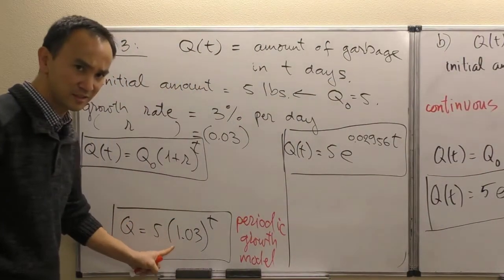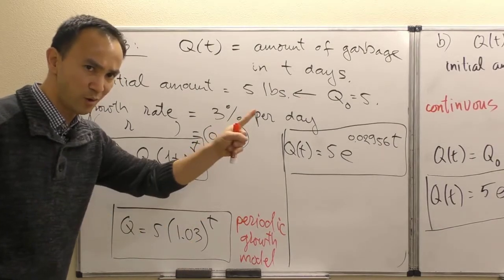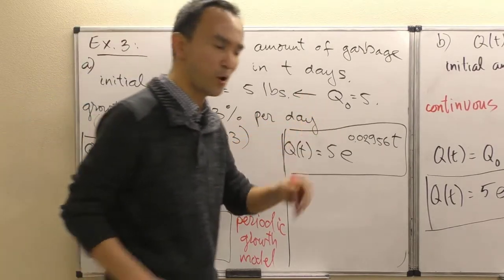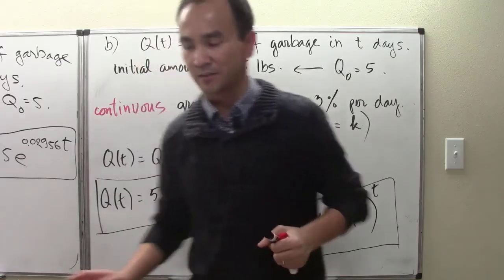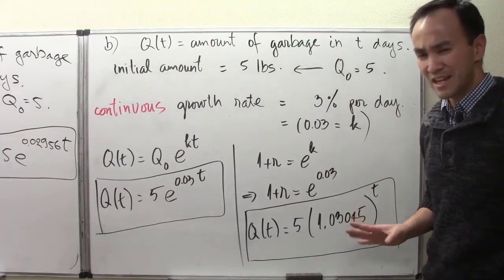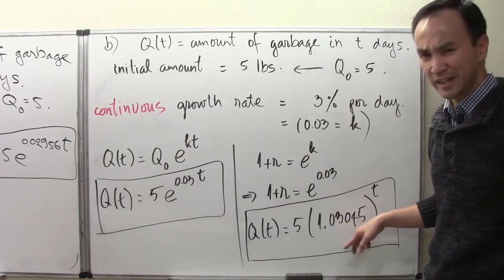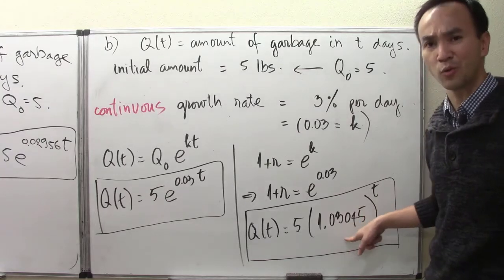You see, this is such a short base, only 1.03 exact. But the other one was in 5 decimals, it was 1.03045. Somebody may blame it on rounding, that if we round this down to 2 decimals it's so close to 1.03.